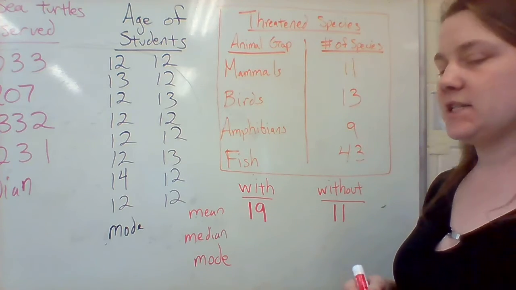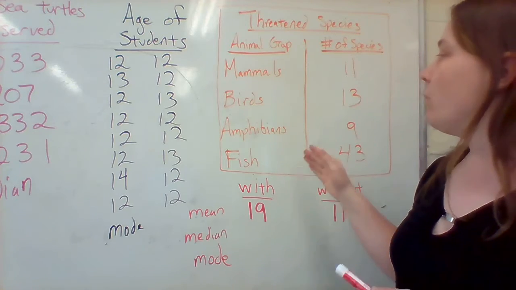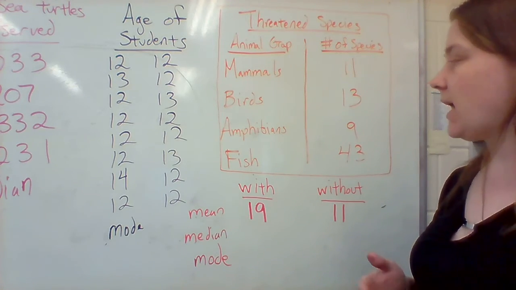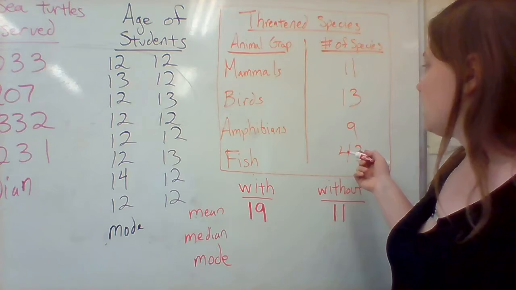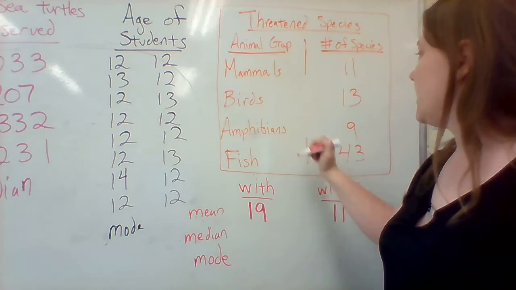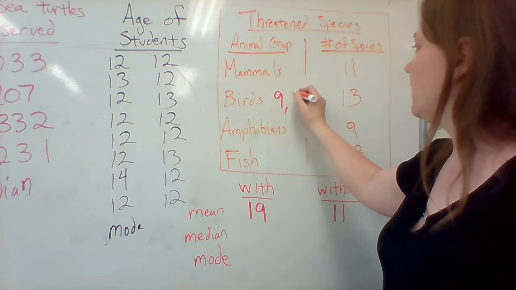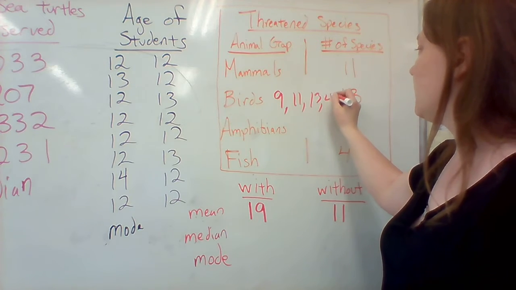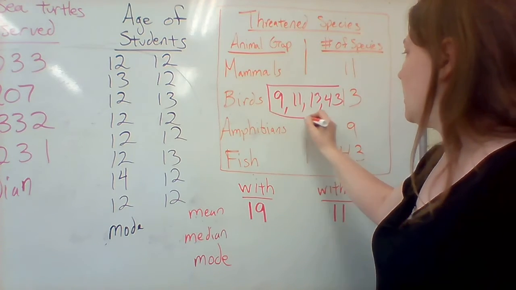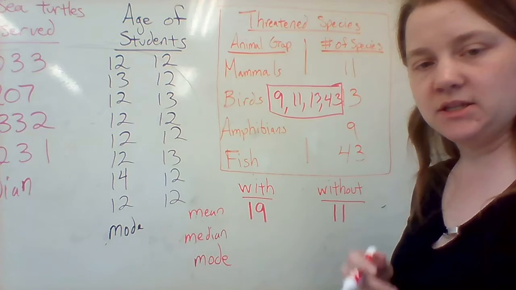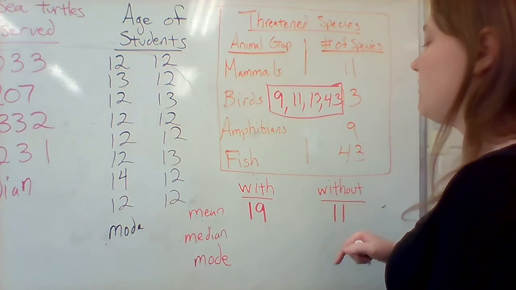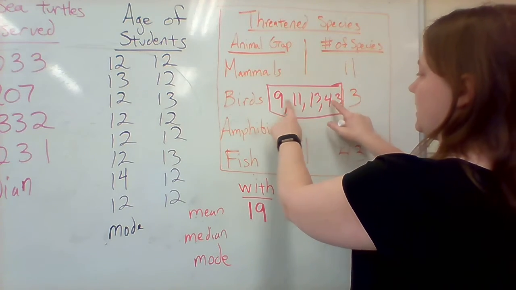The median, let's go ahead and take a look at the median with the outlier in there. So these numbers, to put them in order from least to greatest, are 9, 11, 13, and 43. I'm going to put that work right in a box so that you can see the difference between them. So to get the median of that, start at the outside, work our way in.